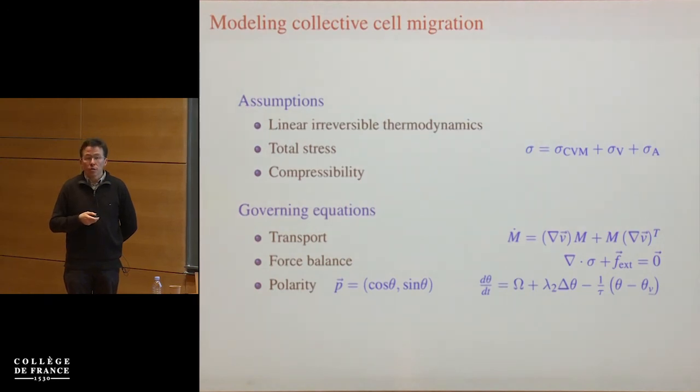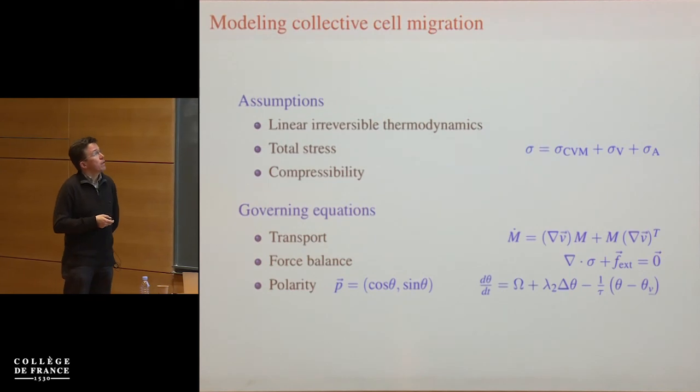And this local cell scale polarity can also be coarse grained in order to define a tissue scale polarity field. So what I present here very briefly and very schematically is a combination of our previous work on a hydrodynamic description of the tissue using a cell-shaped tensor, and what we need in order to model, in addition, collective cell motility. So the assumptions that we make are actually fairly general.